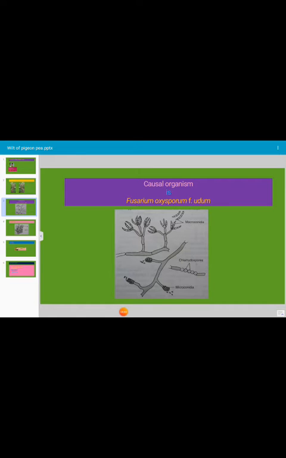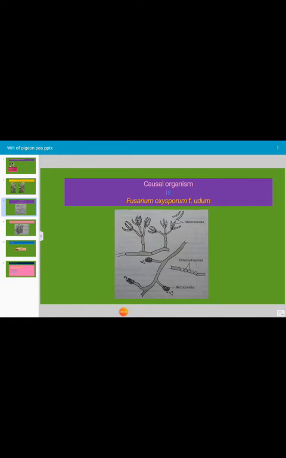Initially the fungus grows between the cells, that means it is intercellular in the initial stage, and later on the hyphae enter inside the host tissue. That stage of the hyphae is termed intracellular. It has also been observed that after infection, the xylem tissue becomes reddish in color because of the pigmentation secreted by the interaction of the pathogen with the host cells.